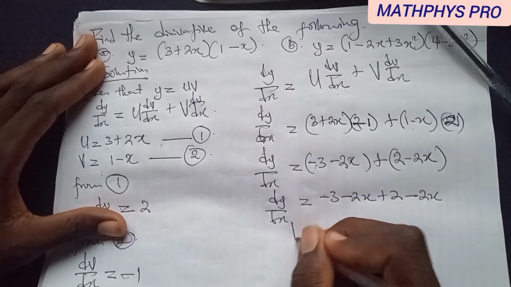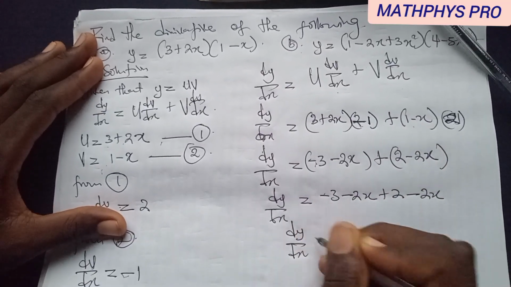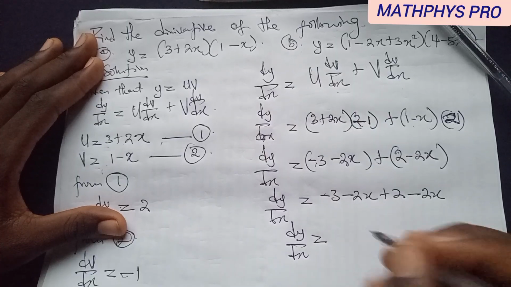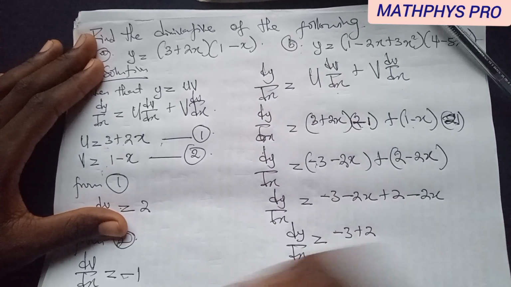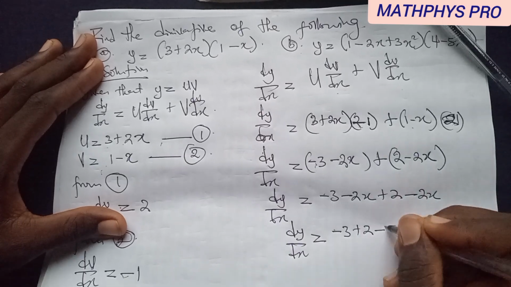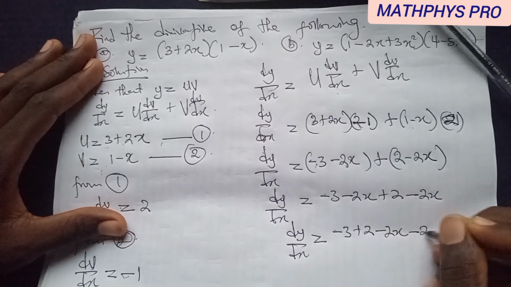By rearranging, dy dx is equal to minus 3 plus 2, minus 2x minus 2x.